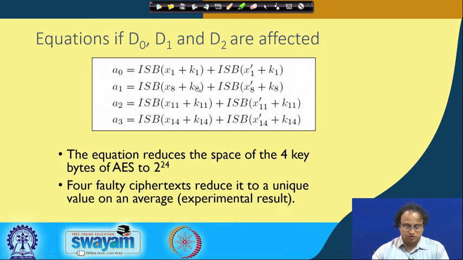As you can see, out of 2 power of 32 values, because of this relationship, there will be 2 power of 24 values which satisfy this equation. So you can take 2 power of 24 values and try multiple attempts, intersect them, and reduce the possible key size.